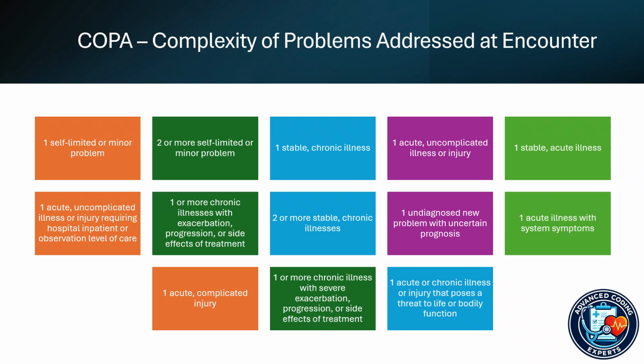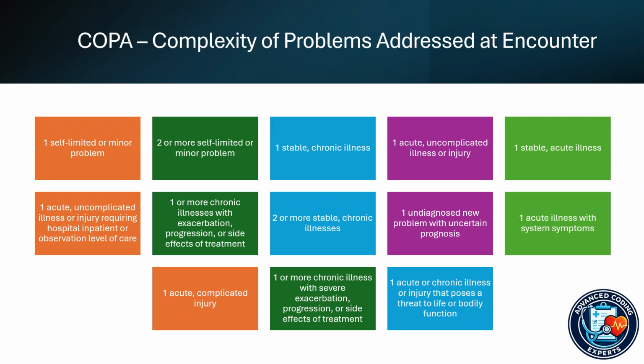When coding E&M services, it is very important that you review the AMA E&M guideline packet to understand what each of the categories mean, because sometimes the words that we know have a different meaning with AMA than the definition in clinical. For example, stable to us may mean not changing, not getting worse.